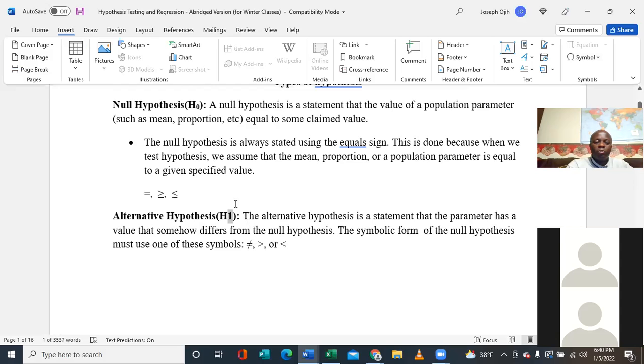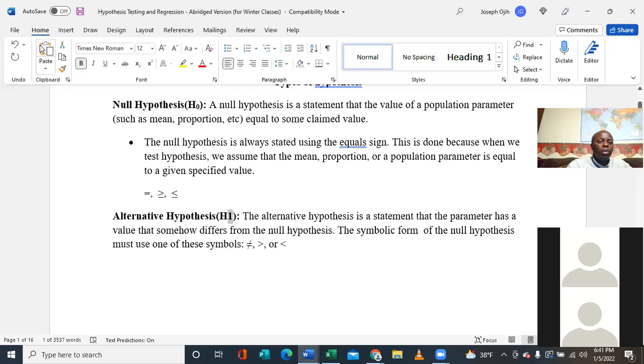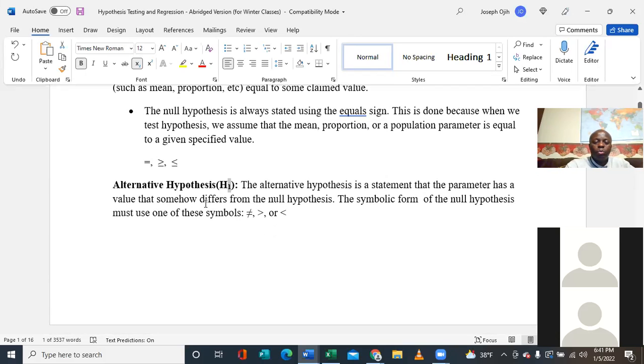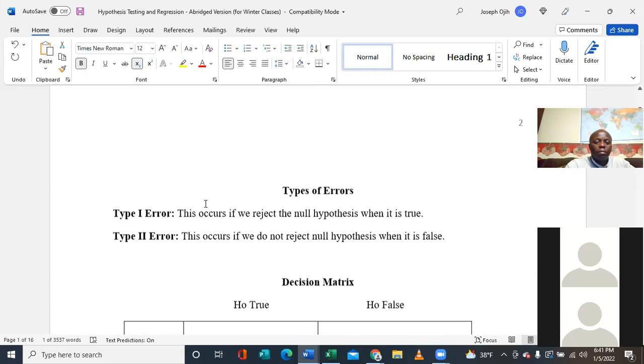You can never use these symbols for the null hypothesis, only for the alternative. And the symbols that you use for the null hypothesis, you cannot use for the alternative. When we start stating the hypotheses, it will be more clear.